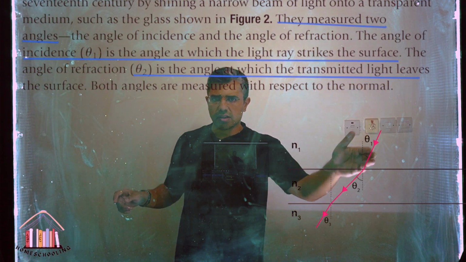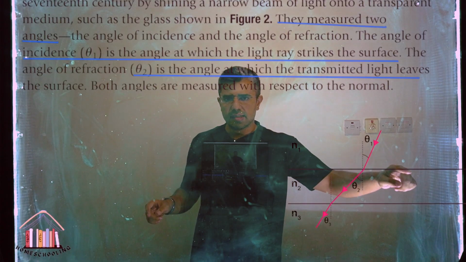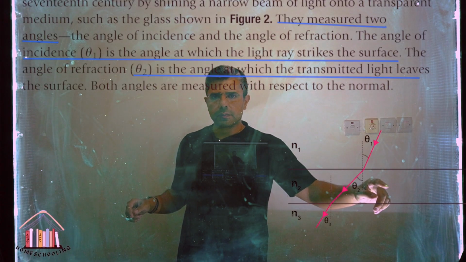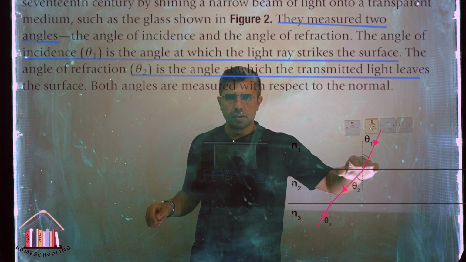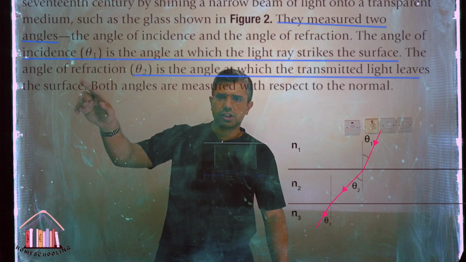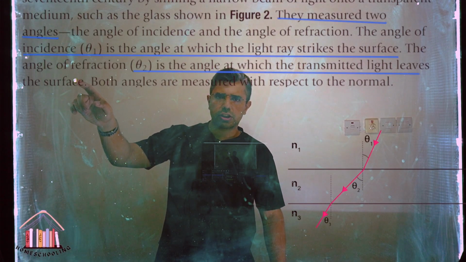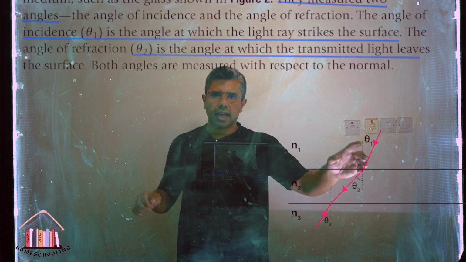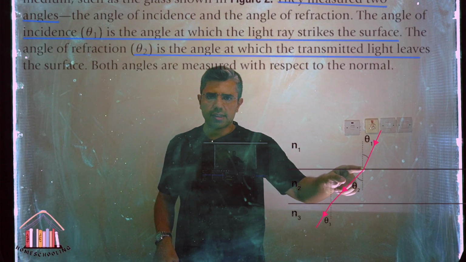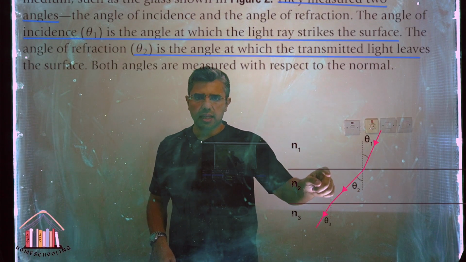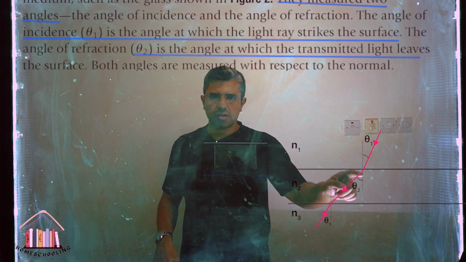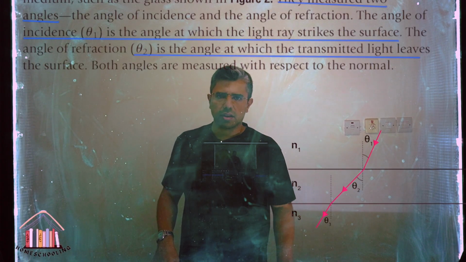It's hitting the surface, let's say, separating air from water. That's the surface. The angle of refraction θ2 is the angle at which the transmitted light leaves the surface. So when the light leaves this surface, that's what we mean by θ2.